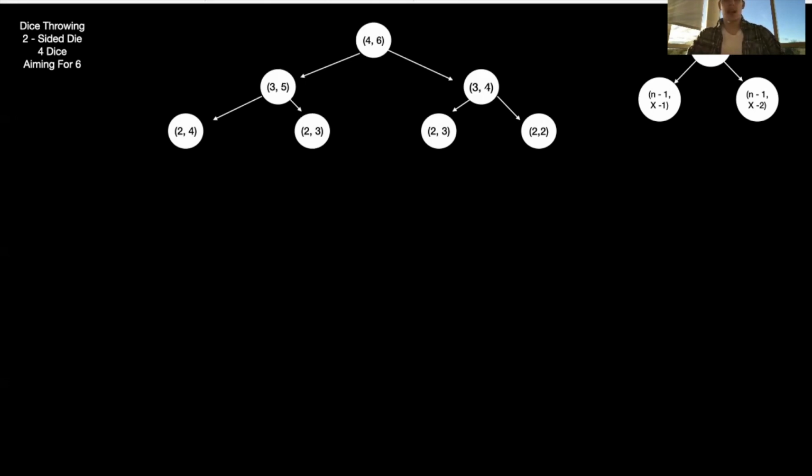And I'd make an argument that using some smart logical thinking here, we already have a base case. And that base case is the node on the very far right, 2, 2.